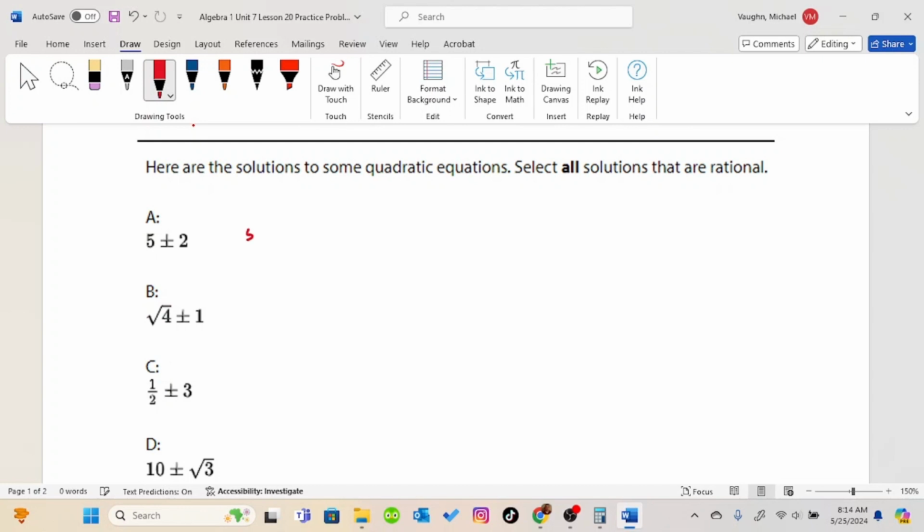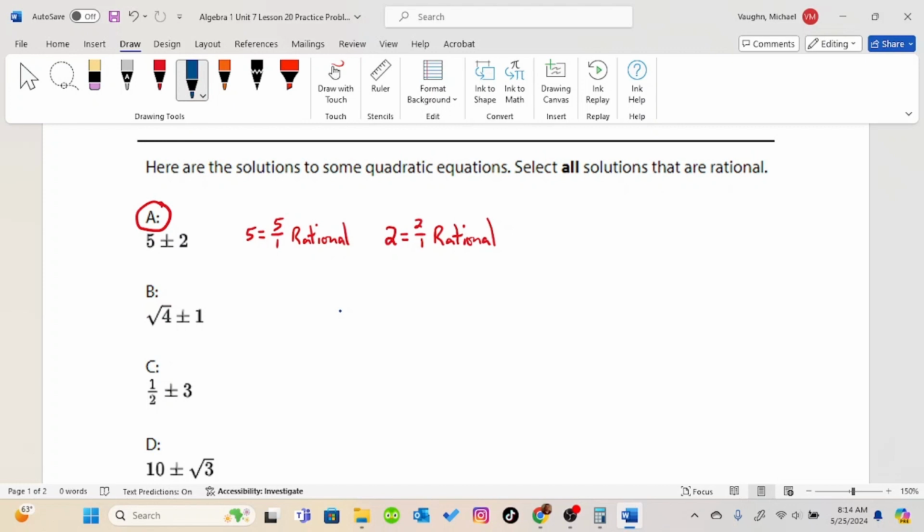Well, 5 can be written as 5 over 1, so it's rational. And 2 can be written as 2 over 1, so it's rational. If I'm adding or subtracting two rational numbers, then I'm going to get a rational number for my solution.